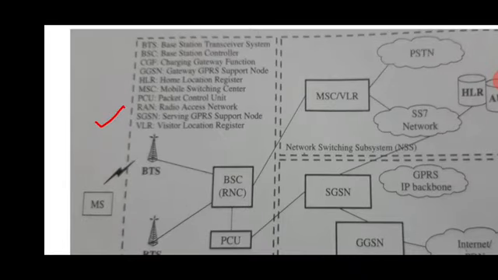Your mobile phone is connected to the network through the tower. What we call a tower is the antenna, which we call a BTS. BTS stands for base station transceiver system, also called RBS, radio base station. So my mobile phone, the MS, is connected to the BTS.